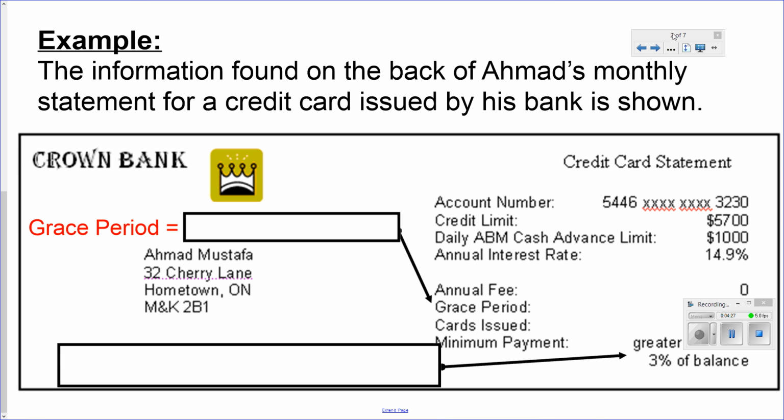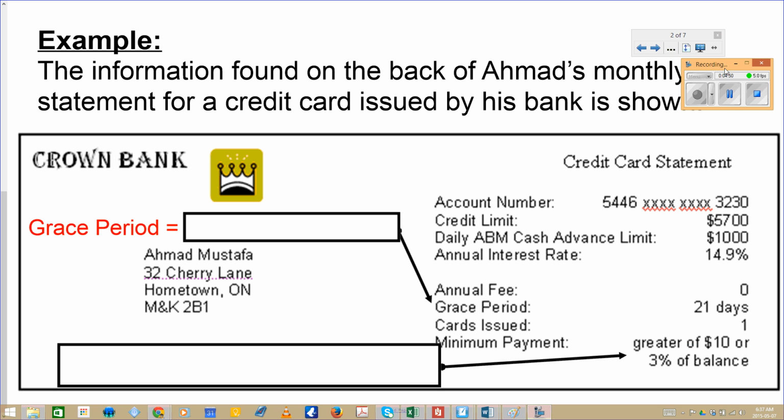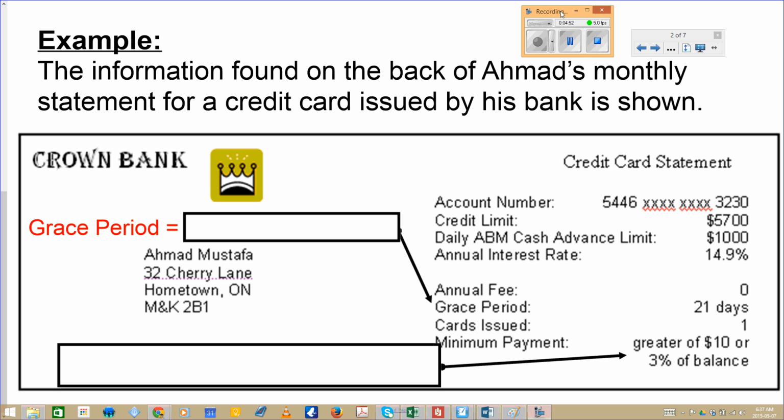Alright, so right now we're going to take a look at a monthly credit card statement. As you can see, there's a thing called a grace period on the right side of the screen. Notice it says 21 days.